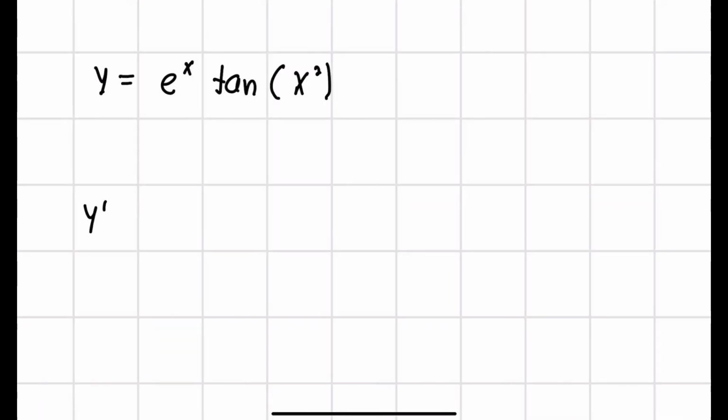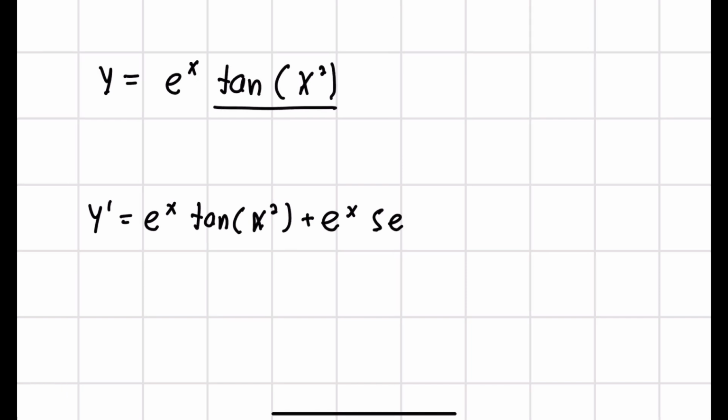In our next example, we have e to the x times tan x squared. So let's first find the derivative of e to the x, which is e to the x times tan x squared plus e to the x times the derivative of tan x squared. And remember, using the formula, we have secant x squared times the derivative of x squared, which is simply 2x.